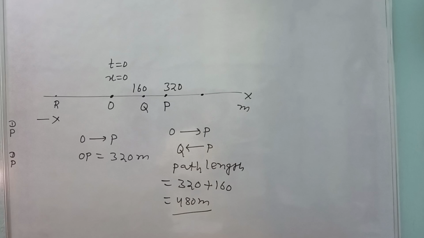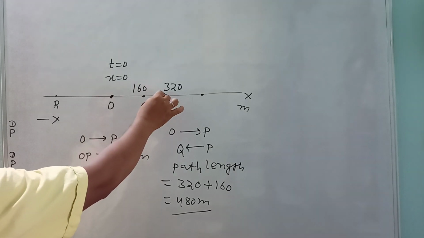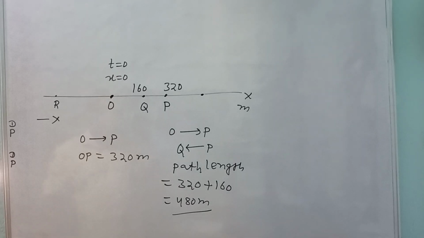So why am I giving this example, students? This is the actual length of the path. Suppose I say a car starts from O, it reaches P, then it comes to Q. So what is the actual length of the path?